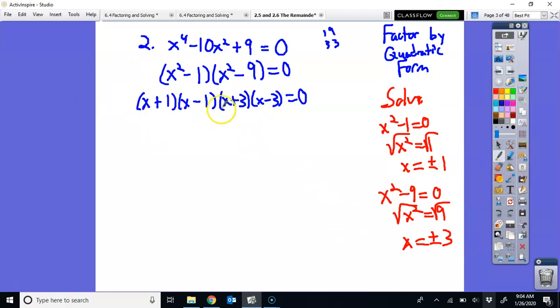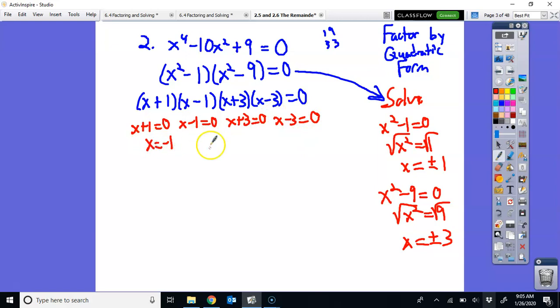So you do need to be able to factor this all the way, even though technically you could have solved it from here a little early. But even if you didn't, you'll notice that if you set this equal to 0 here, set this equal to 0 here, set this equal to 0 here, set this one equal to 0 here, you will get -1 for an answer, +1 for an answer, -3 for an answer, +3 for an answer, which is the same thing that we got when we stopped a little early.